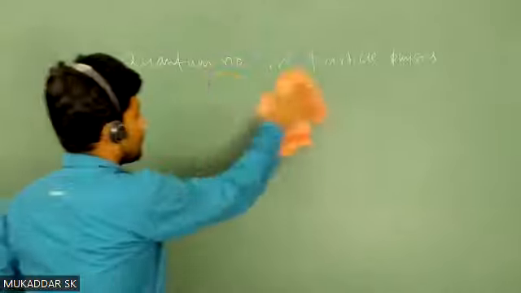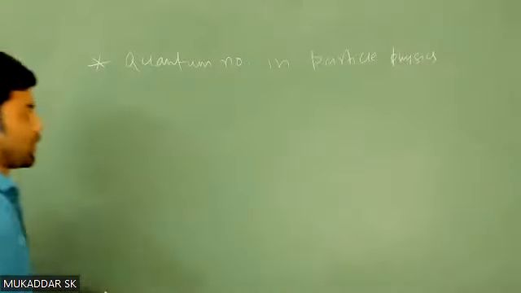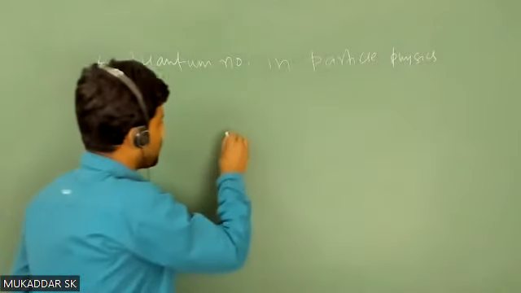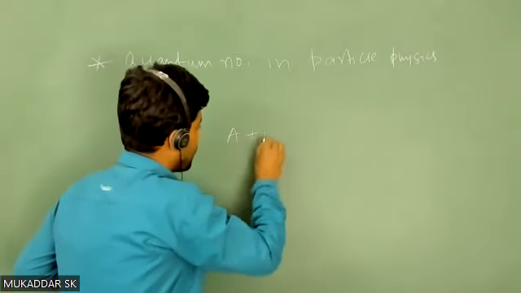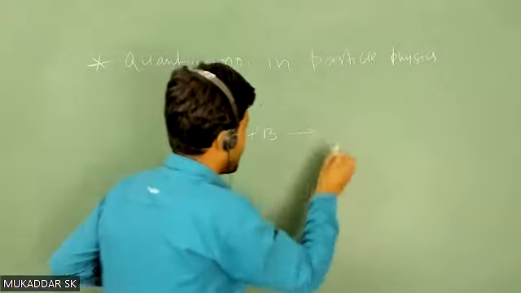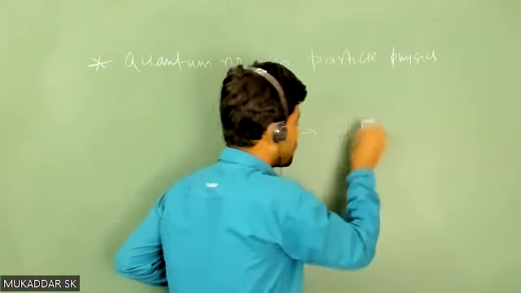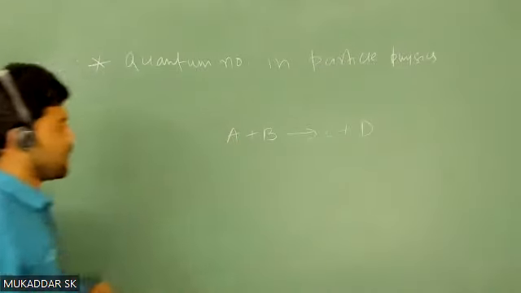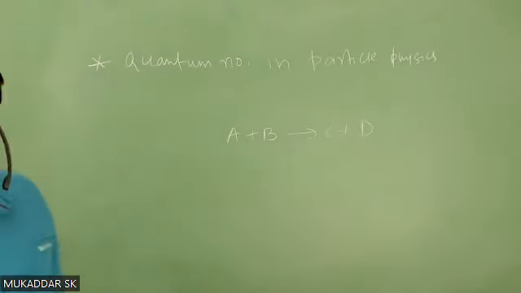Okay, now charge is quantized first of all. Now how will we check charge conservation in particle physics? Suppose you have an interaction like A is interacting with B and producing some C and D subatomic particles, and suppose the charge of A is QA. So how will you check charge conservation?